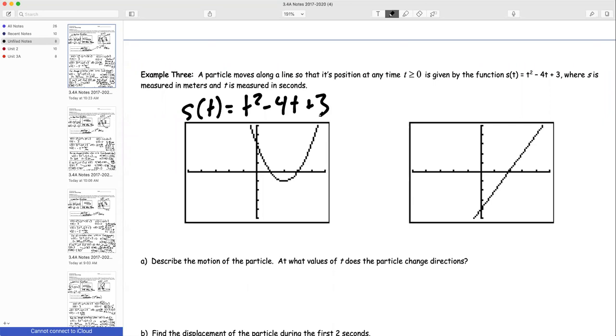And the one on the right is the what? It's going to be my velocity. How do we know it's the velocity? How do we know it's the derivative? The degree is 1 less than the position function. And so my velocity equation would be 2t minus 4.